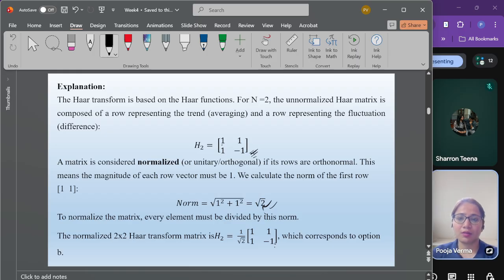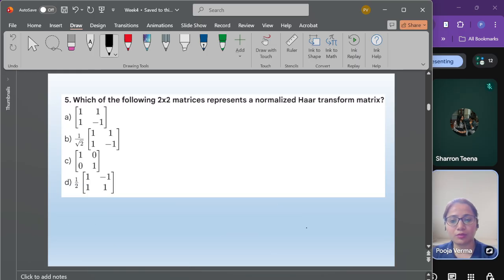To normalize, first we take the norm of the first row, which comes to root of 2, and we divide the overall matrix by this value. This corresponds to option B. This is the 2 cross 2 matrix representation of the normalized Haar transform.